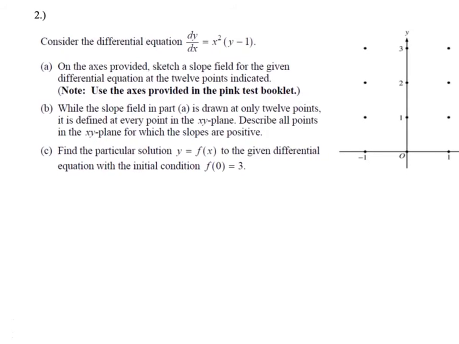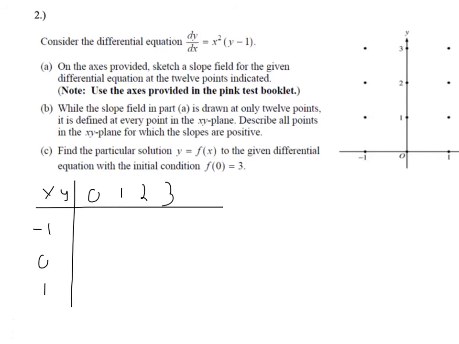Okay, so my slope field was negative 1, 0, 1, 0, 1, 2, and 3.